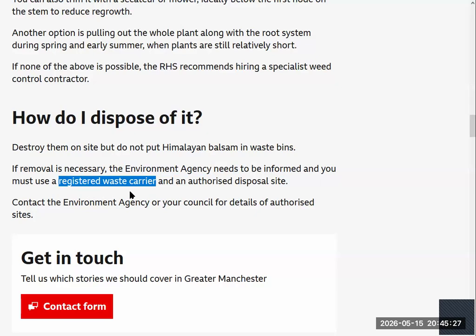Well, the waste carrier must be the people with the skip, maybe, or some sort of special lorry that takes away the dead or dying Himalayan balsam, and presumably takes it to a very specific disposal site.